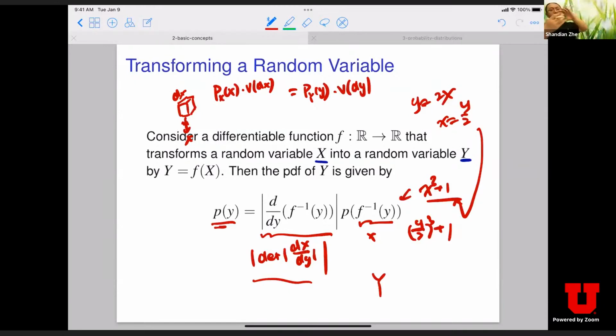When the cubes are very small, you can roughly think the probability density on the cube is constant, so the probability measure over the cube is density multiplied by the volume of the cube. Similarly, in the y space, the infinitesimal change of y determines another cube, and you want your probability measure over this y cube to be the same.